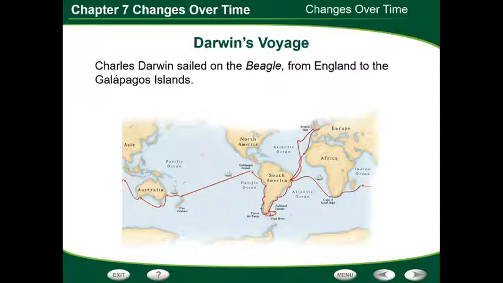He thought, for example, that giraffes would stretch their necks to reach the leaves on tall trees, and that these giraffes would have offspring with longer necks because of the stretching. The idea became recognized as the inheritance of acquired characteristics.